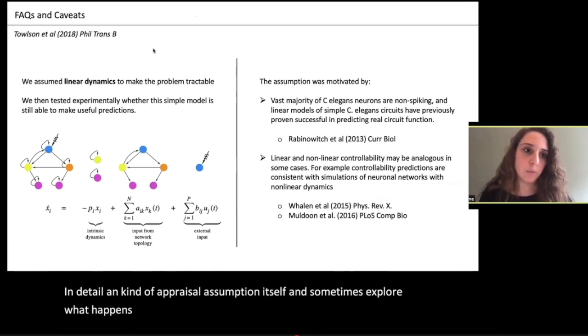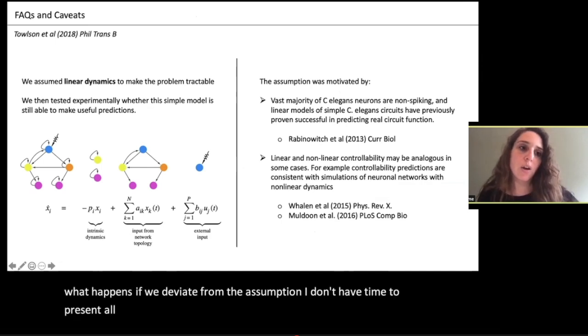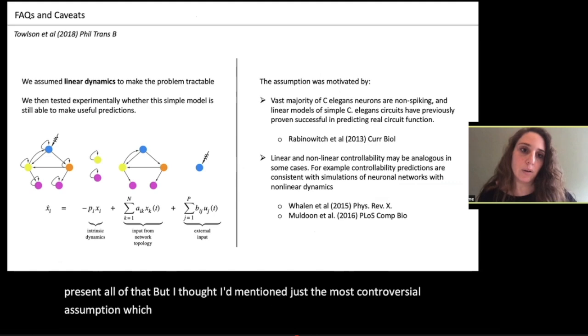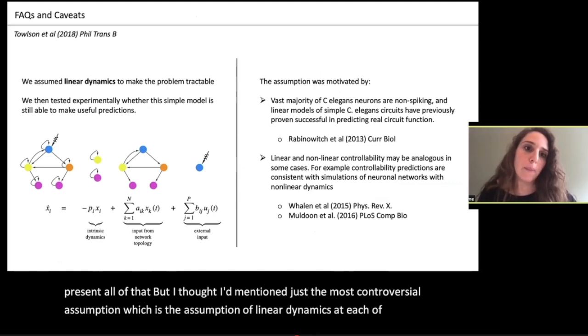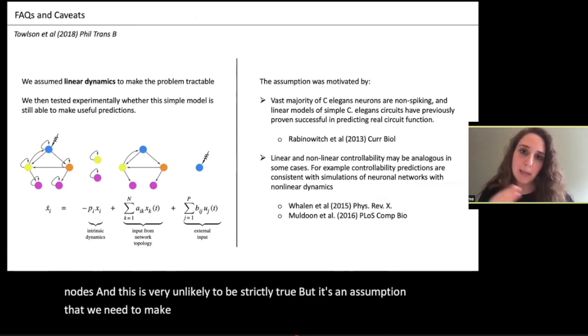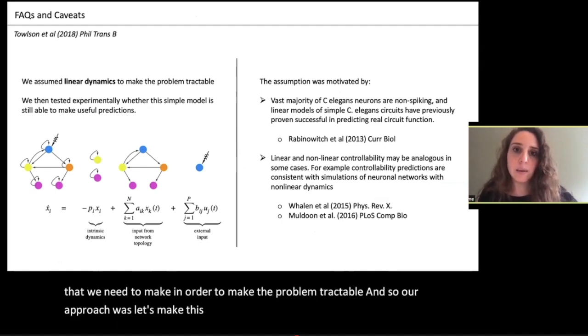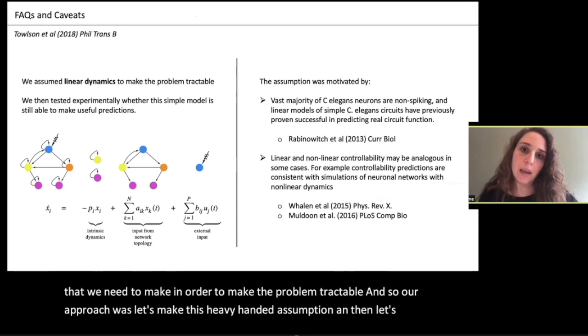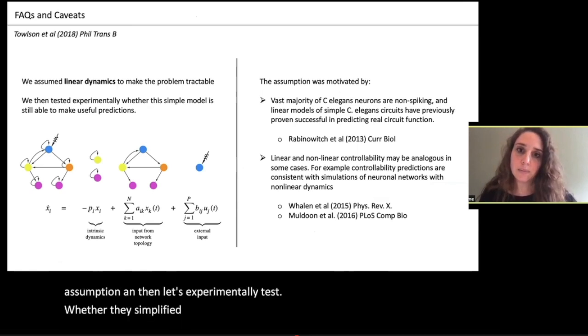I don't have time to present all of that, but I thought I'd mention just the most controversial assumption, which is the assumption of linear dynamics at each of the nodes. And this is very unlikely to be strictly true, but it's an assumption that we need to make in order to make the problem tractable. And so our approach was, let's make this heavy-handed assumption, and then let's experimentally test whether this simplified model is still able to make useful predictions. So we found that it did.